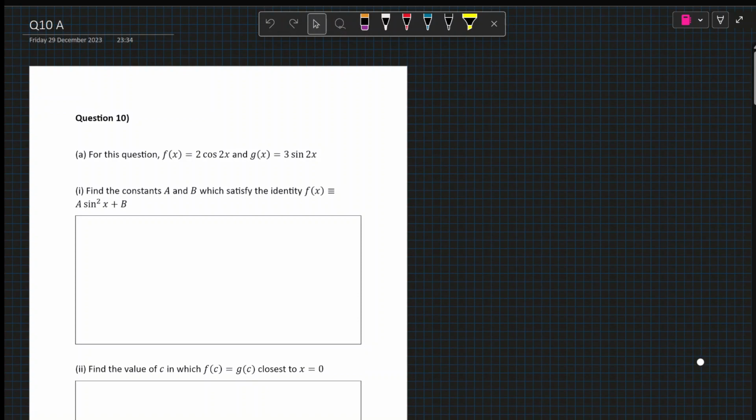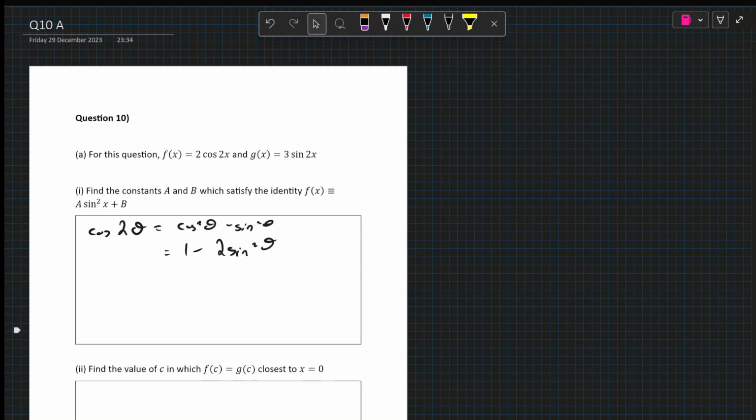Find the constants a and b which satisfy the identity f of x is logically equivalent to a sine squared x plus b. So we know that cos of 2 theta is cos squared theta minus sine squared theta. We can replace that with either 2 cos squared minus 1, or the one that we're looking for is 1 minus 2 sine squared theta.